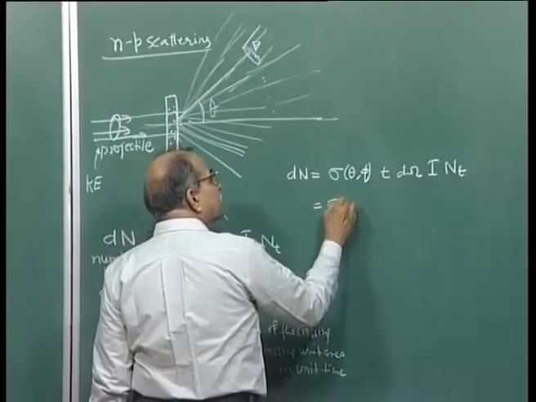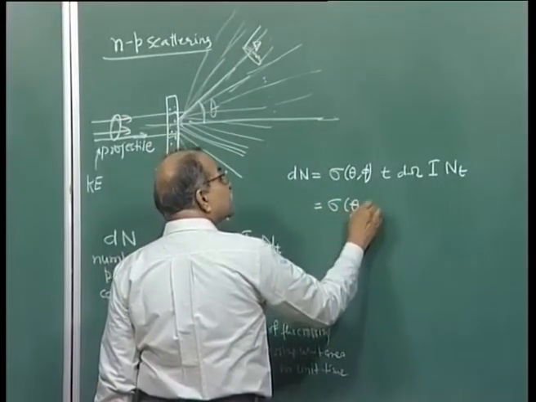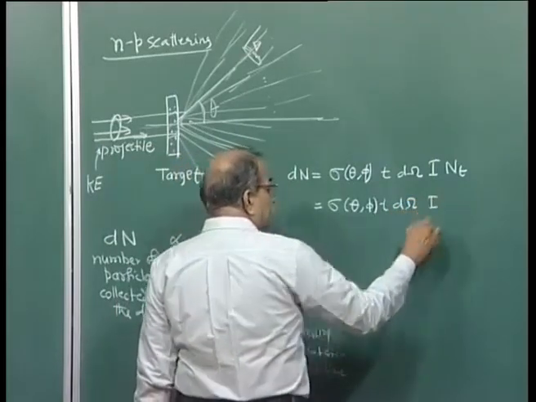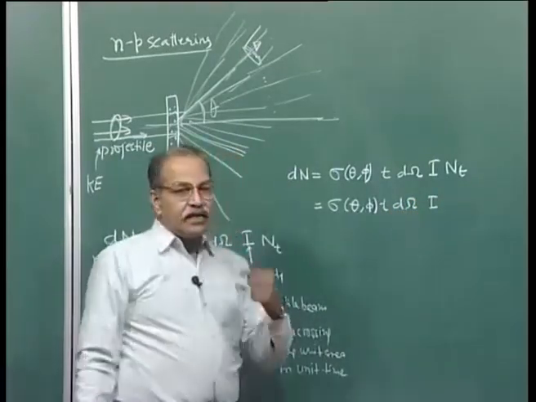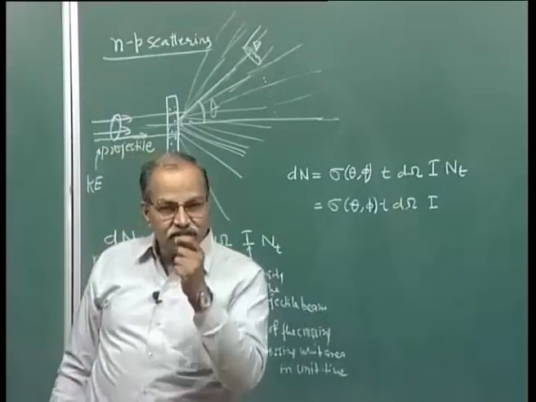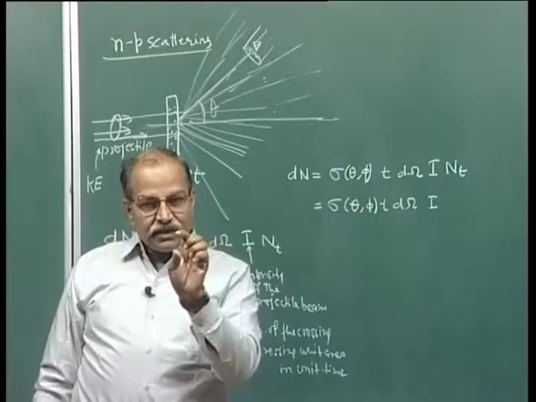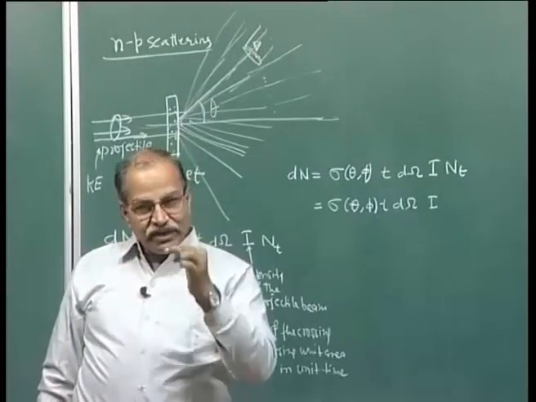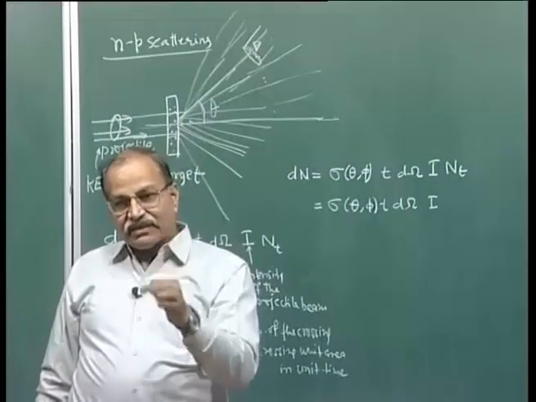Number of target particles is generally expressed as area of cross section of the beam, because only that much area is hit, right. Only that much area on this target surface is hit.